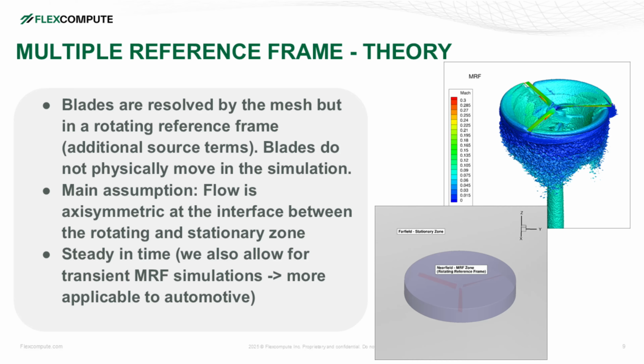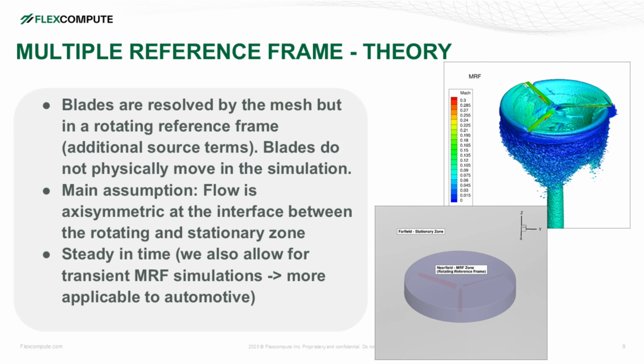The next model is the multiple reference frame, or MRF. In this approach, the rotor blades are explicitly meshed, but not physically rotated. Instead, a rotating reference frame is applied to a cylindrical region containing the blades. This creates the effect of rotation while keeping the simulation steady.